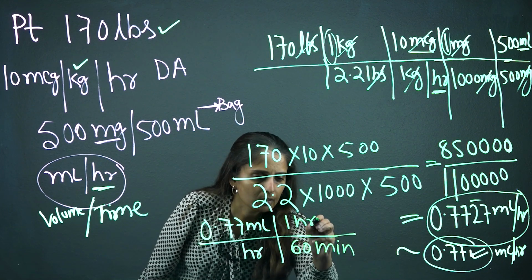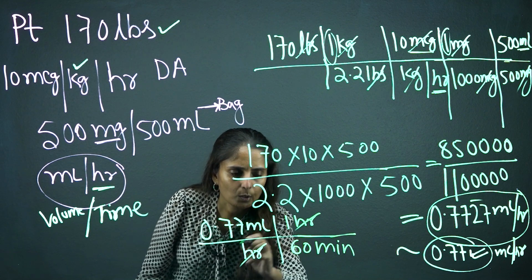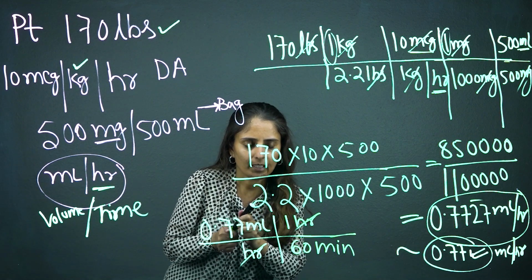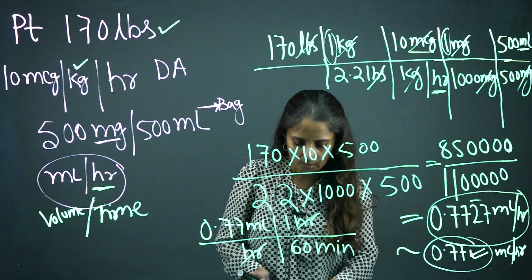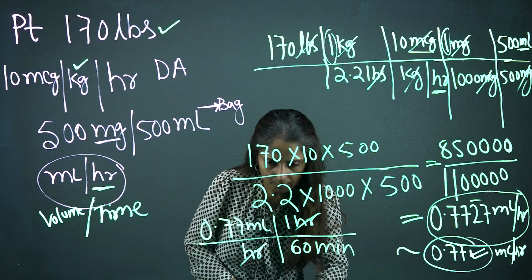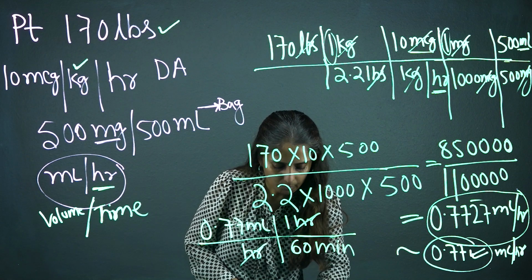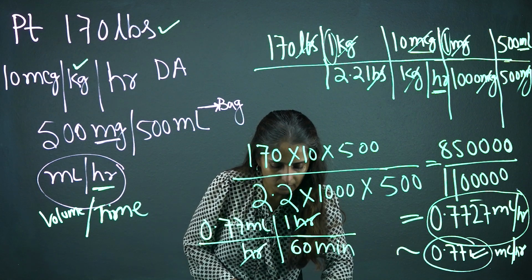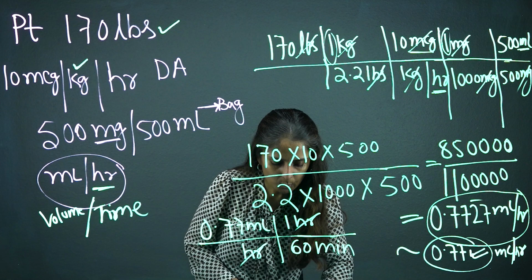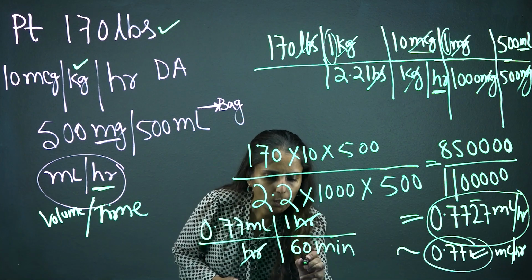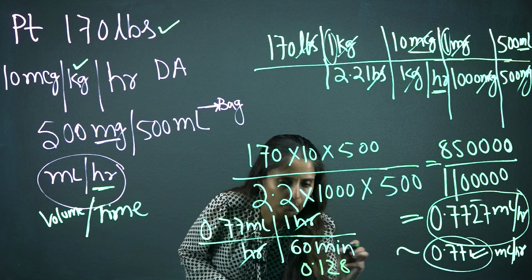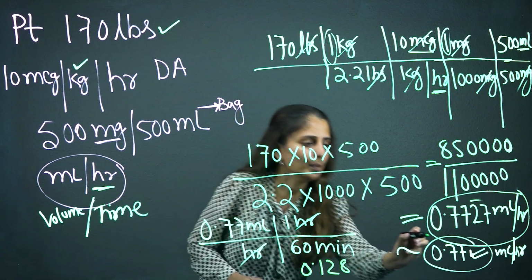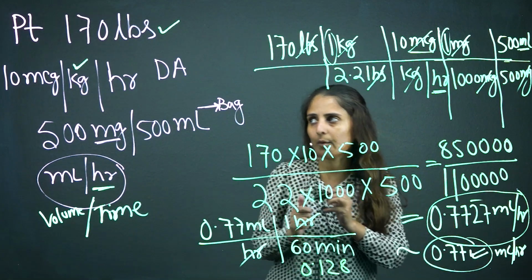So basically this is going to cancel, and you're going to just divide that. That will give you mLs per minute. All right, so 0.77 divided by 60 is 0.0128. I will try to cover this in another video, but for right now, we will leave it at 0.77 mLs per hour, okay?